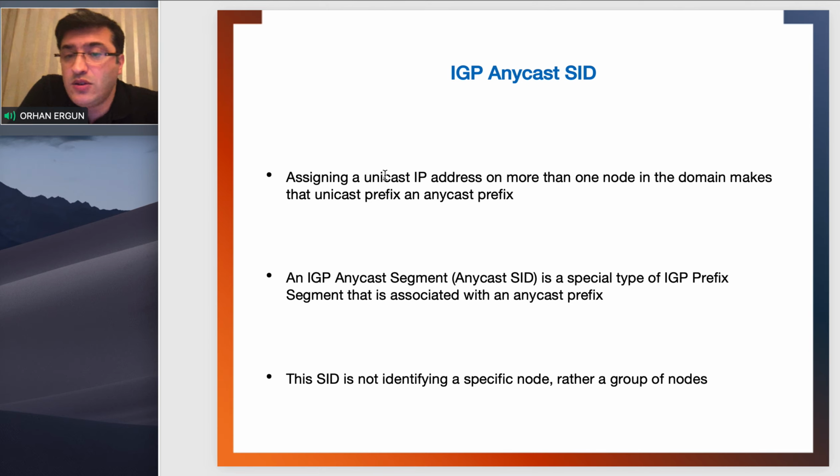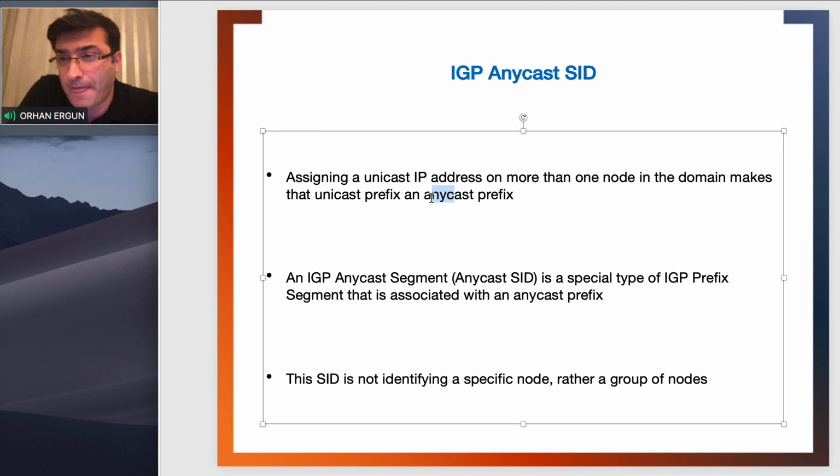Anycast SID: assigning a unicast IP address on more than one node in the domain makes that a unique prefix, an anycast prefix. Anycast IP address means it's a way of assigning an IP address, not a protocol, not a new technology. Anycast means a way of assigning the same thing, IP, label, and so on. An IGP anycast SID is a special type of IGP prefix SID that is associated with that anycast prefix, the same prefix value.